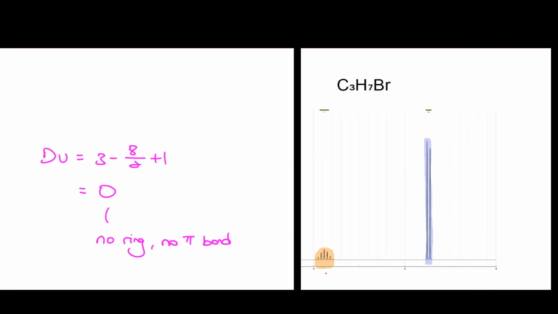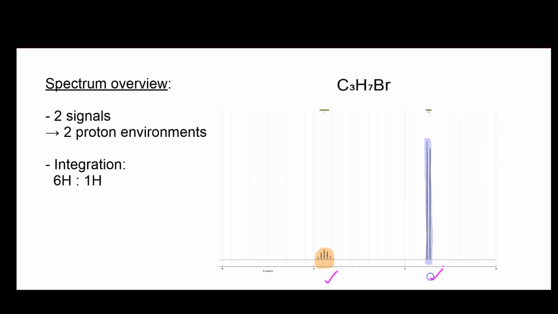The spectrum has 2 signals, 1, 2. So there are 2 proton environments. The integration ratio is 6:1. A 6-hydrogen signal suggests 2 equivalent CH₃ groups. The 1-hydrogen signal suggests 1 CH proton.